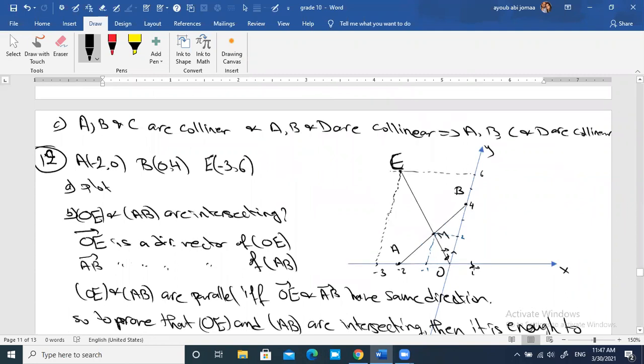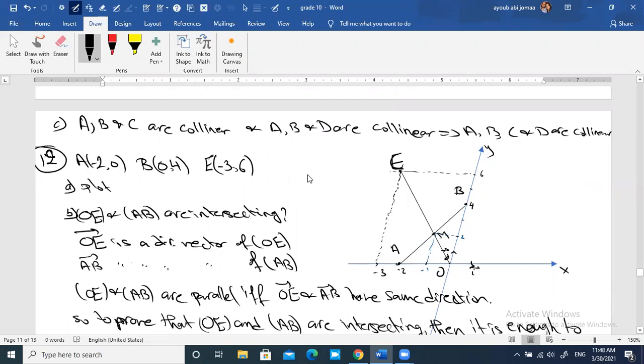Of course, maybe some of you may think about finding the equation of line AB, finding the equation of line OE, and then solving the system to find the coordinates of the point of intersection.